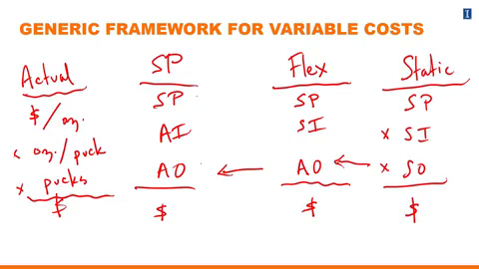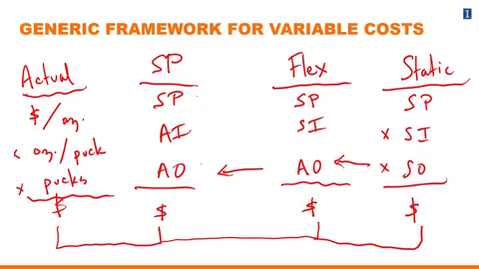And now our variances fall out from the bottom of the columns. The difference between the actual and standard price column totals can be calculated. The same for the difference between the standard price column and the flexible budget column. And finally, the same for the flexible budget and static budget column. As you can see, what this framework allows is to see the isolation in the variance analysis for each individual component.